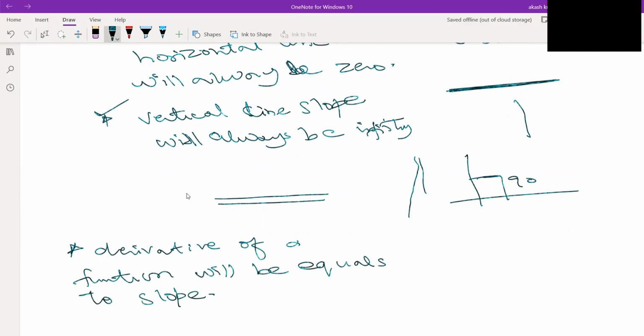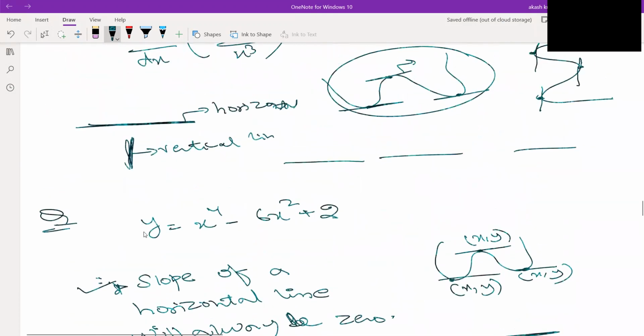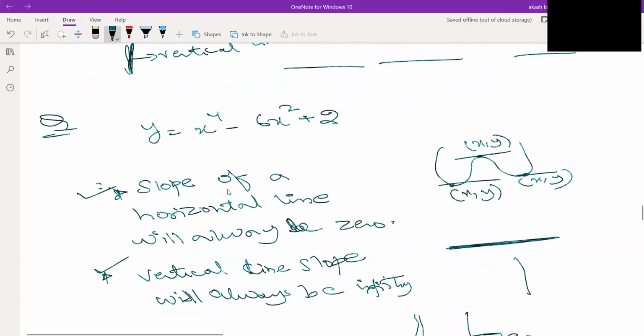You just have to keep these 3 points in your head, that the derivative of any function like x square, x cube, any function will always be equal to slope. So if we calculate the derivative of the given function, then we are calculating its slope, right? And the slope of a horizontal line is 0. So we can equate our derivative function to 0 and then find the value of x.